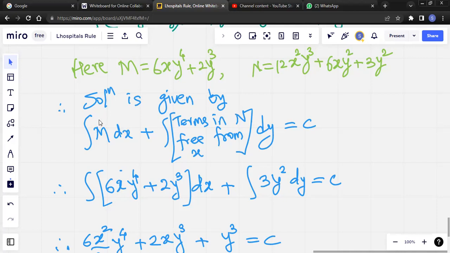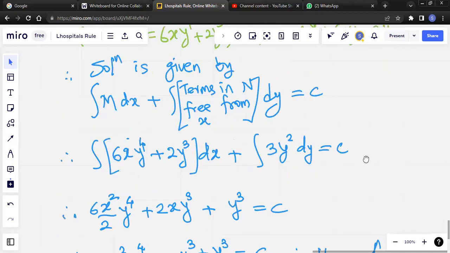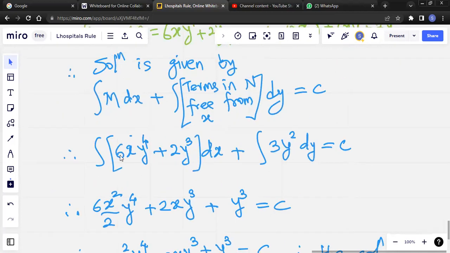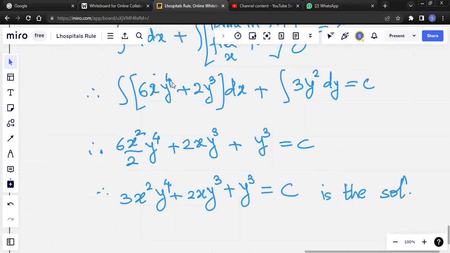Solution is given by integration M dx plus integration of terms in N free from x dy equal to constant. So we are getting integration of (6xy raised to 4 plus 2y cube) dx plus integration of 3y square dy equal to constant. And what will be the integration?